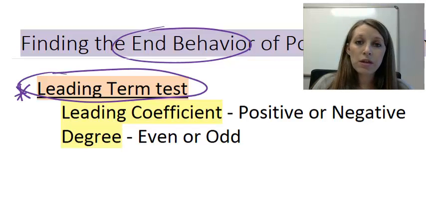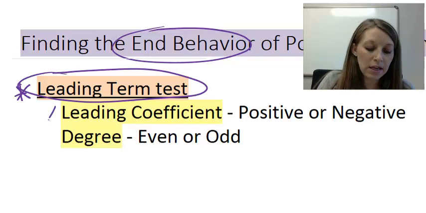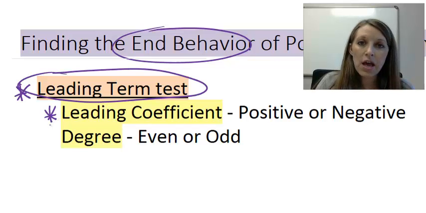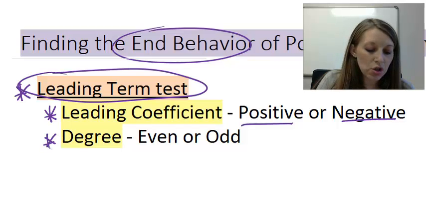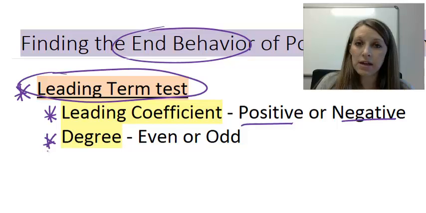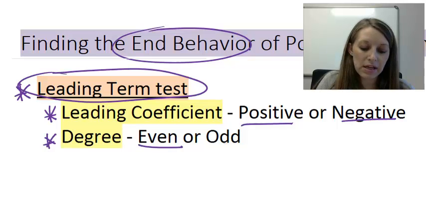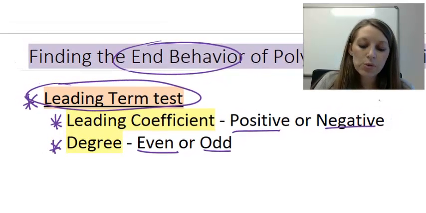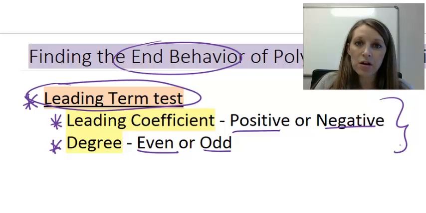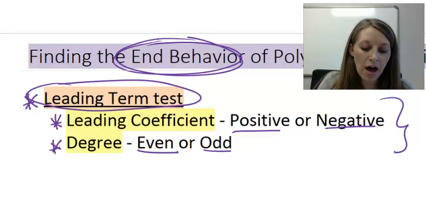And associated with that leading term is the leading coefficient, the number in front. It's going to tell us something, whether it's positive or negative. And the other piece is the degree, and that's going to tell us something depending whether it is even or odd.